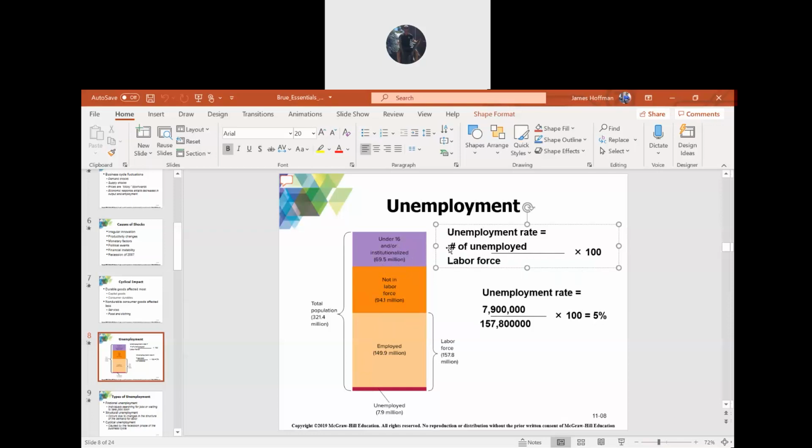Okay. And so it's also a bit skewed because I think if you work 1 hour per week, you're considered employed. So you're not unemployed. It's only if you're looking for work and can't find any work that you're unemployed.